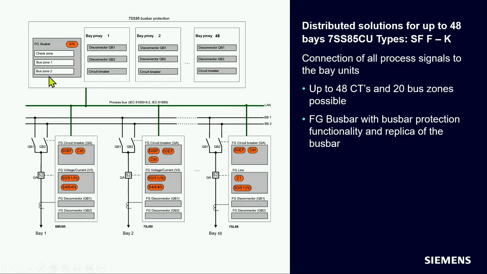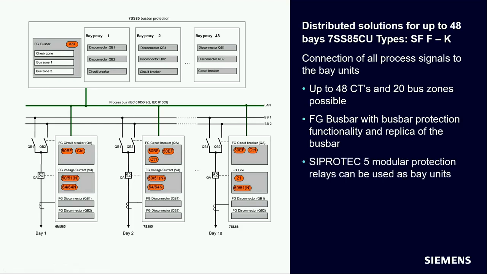It's really absolutely the same code we are using, really the same functionality for the basic functionality for the distributed busbar protection. It's the same as in the IEC 61850 compliant solution. Any modular SIPROTEC 5 device can be used as a bay unit. What is not possible in this approach, because of the automated and easier engineering, is to use a third-party merging unit.